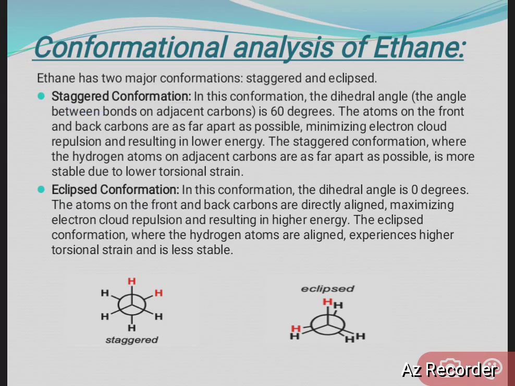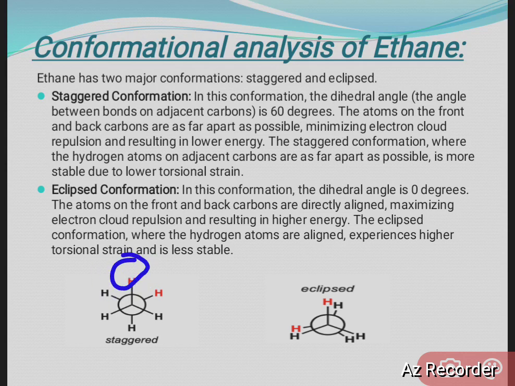In the staggered conformation, the dihedral angle is 60 degrees. The atoms on the front and back carbons are as far apart as possible, minimizing electron cloud repulsion and resulting in lower energy.